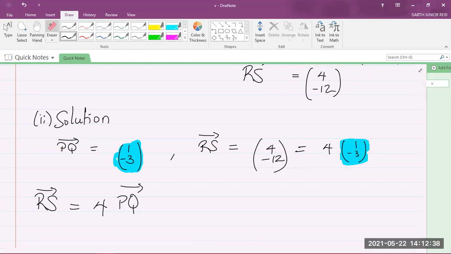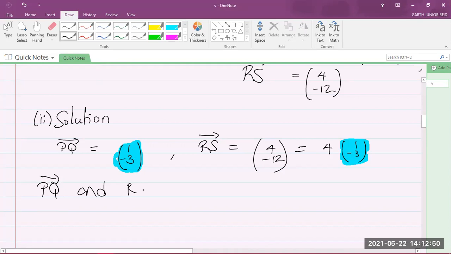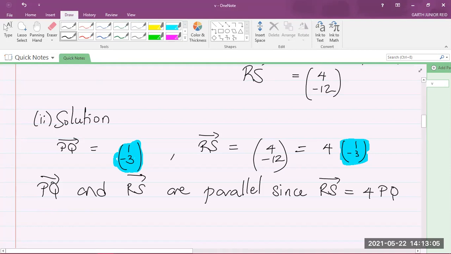So let's write a statement here and say that the vector PQ and the vector RS are parallel, since the vector RS is equal to 4 times the vector PQ. That is one geometrical relationship.